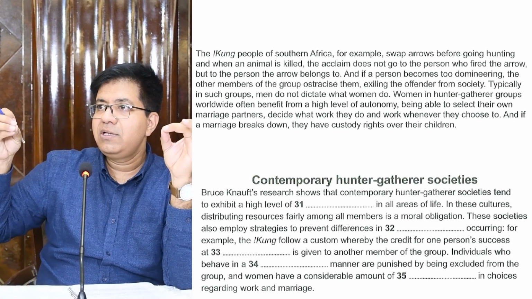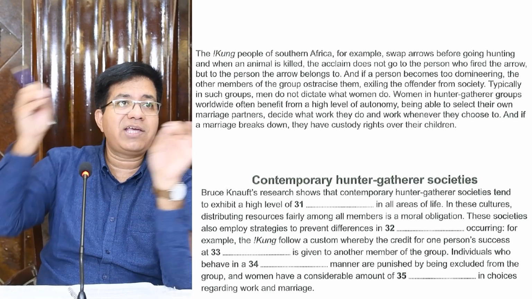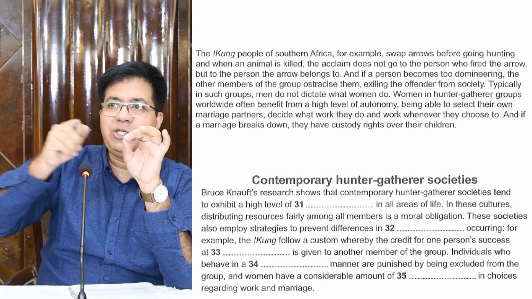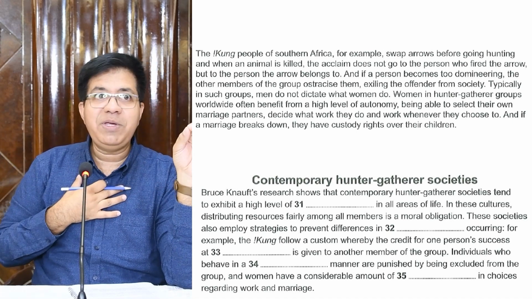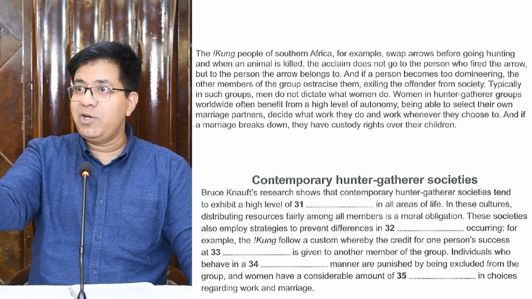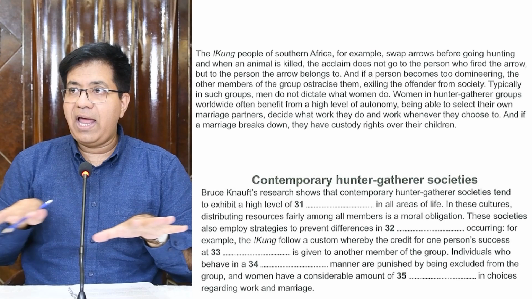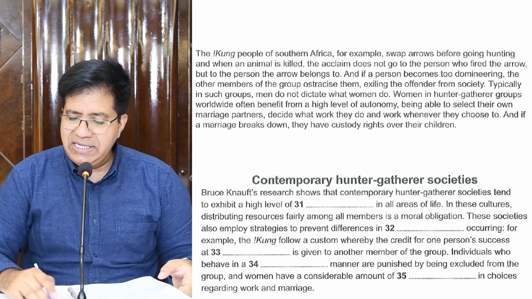Hunters had their specific arrows, and they exchanged arrows. Now, for example, you hunted the animal, but the arrow was mine, so they would give me all the credit. I'll be very happy. I hunted a lion, but the lion was hunted by you. But because the arrow was mine, they had equality. So the correct answer is hunting.